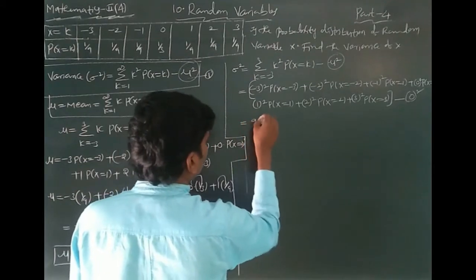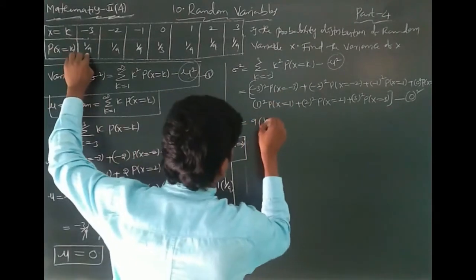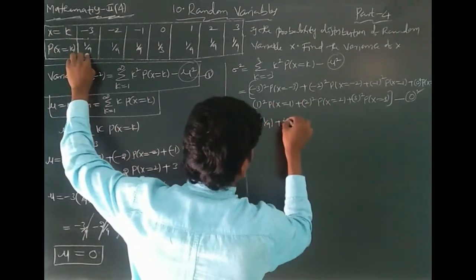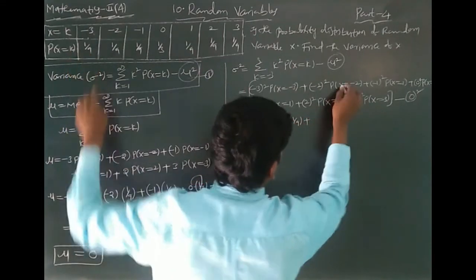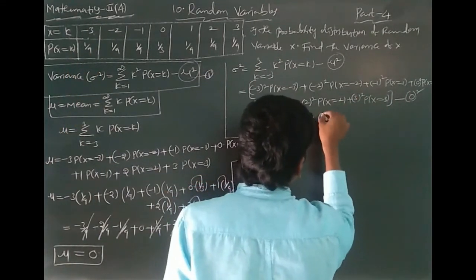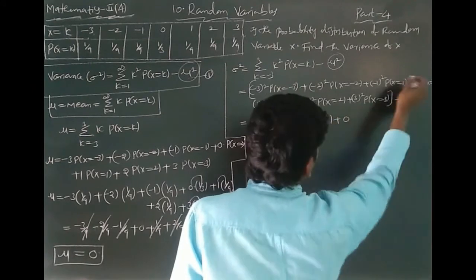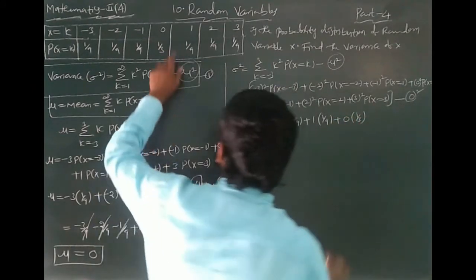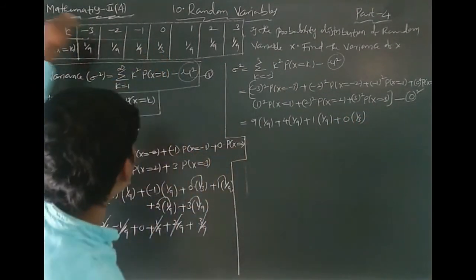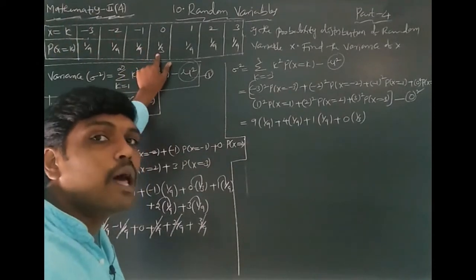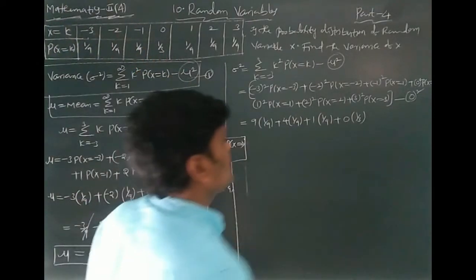After that, minus 3 square is 9 into p of x equal to 1 by 9, plus 4 into 1 by 9, plus minus 1 square value 1 into 1 by 9, plus 0 square value 0 into 1 by 3. Here, see students, in this table only the 0 value probability is different, remaining all same.